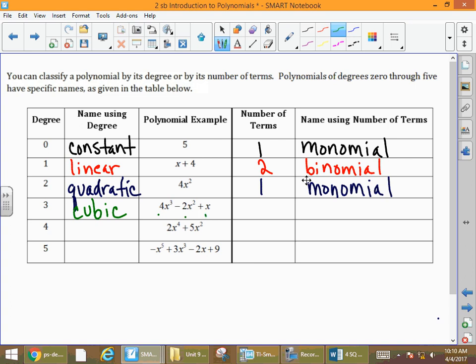How many terms do we have in there? 3. And again, we haven't talked about it, but if we know our prefixes, what's the prefix that represents 3? Tri. So it's trinomial. Tricycle has 3 wheels. Trinomial has 3 terms.